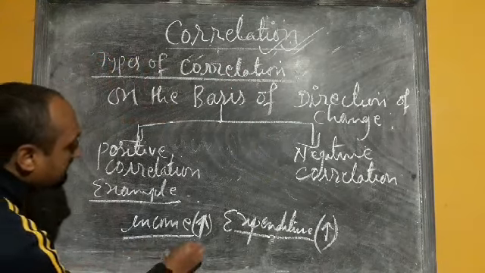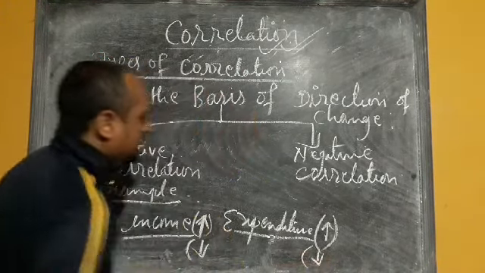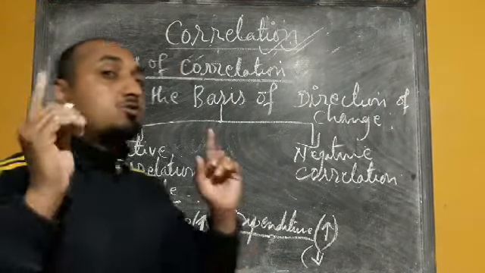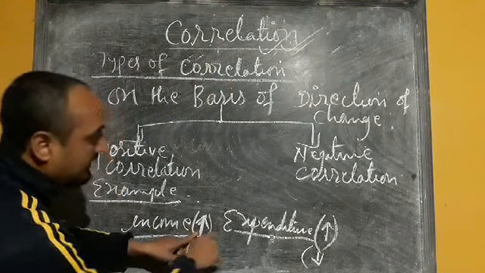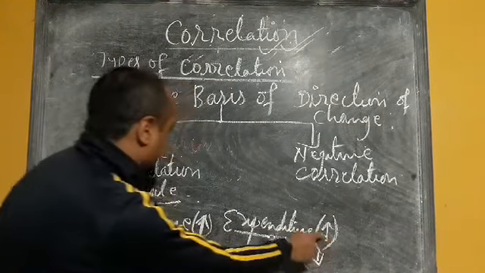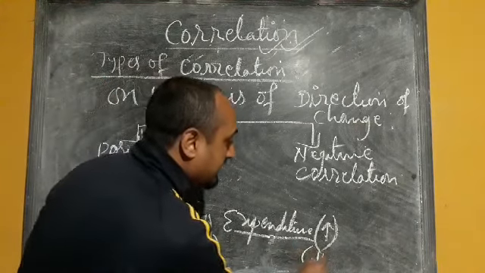Similarly, if income decreases, expenditure will also decrease. So we can see that the two variables are moving in the same direction.